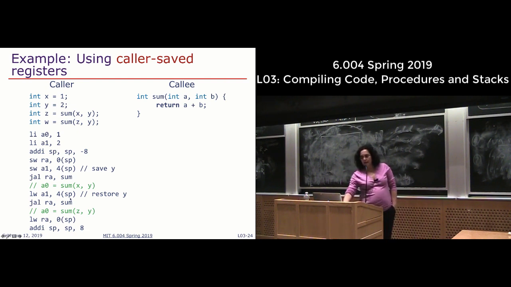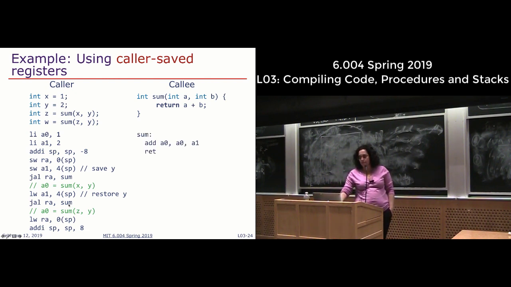And now I'm going to have the body of my loop. Let's take a look at what happens here before I worry about what happens on the stack. I'm going to do a jump and link RA to this sum procedure, and then I'm going to call it once again. In between, I might execute some instructions.